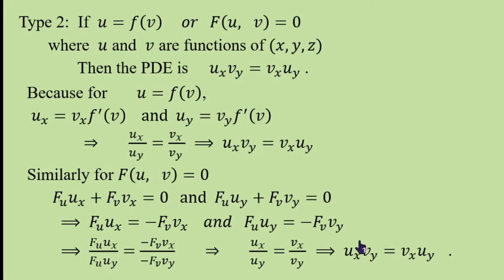Linear form means a function of x, y, z, that is capital P, into dou z by dou x, that is small p, plus a function of x, y, z, that is capital Q, into small q, that is dou z by dou y, equal to another function of x, y, z, let it be R. So capital P into small p plus capital Q into small q equal to capital R, that is the required PDE. That is the linear form, just rearranging the PDE ux vy equal to vx uy.